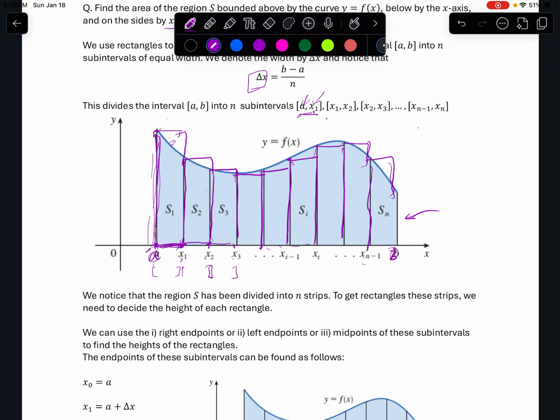So if you are going to use the left end points, you will create your heights. That's the main thing. The width of the rectangle is the same, delta x, for each of them. We already know what it is. The main thing is now how to find the height of the rectangle.